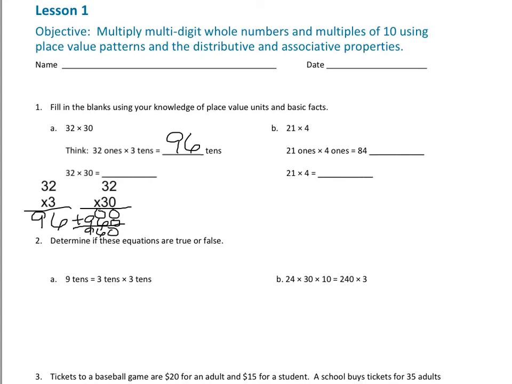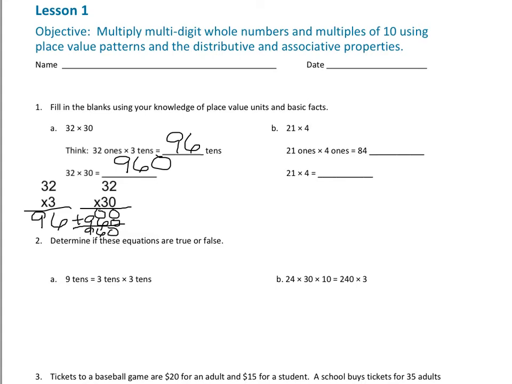So 32 times 30 is 960. I know this is correct because 96 tens is equivalent to the number 960.